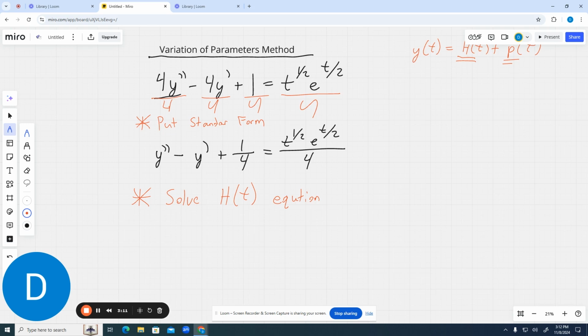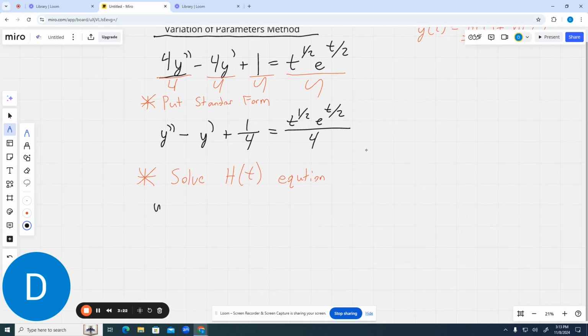Your h of t is your homogeneous, which is the same thing with equal to 0. So it's going to be y double prime minus y prime plus 1/4 equals 0. Okay, and then you just solve this.